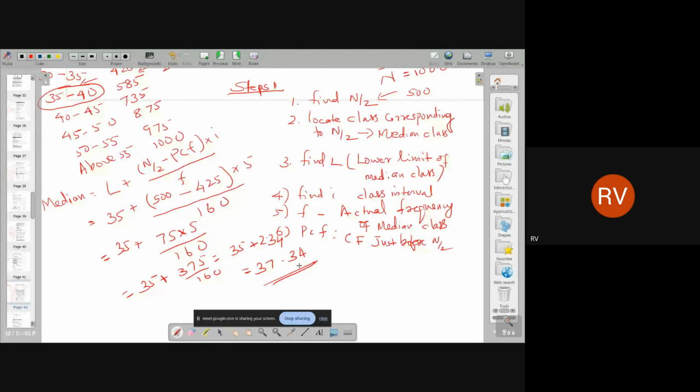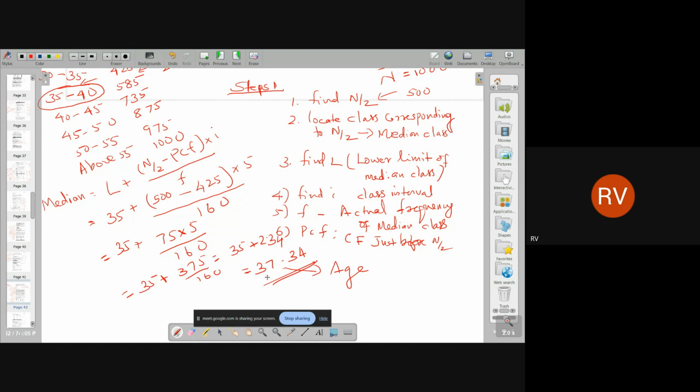That is, half of the workers are below the age of 37. Age is given. There are half of the workers, that is 50% of the workers, below 37 years. And also 50% of the people are above the age of 37.